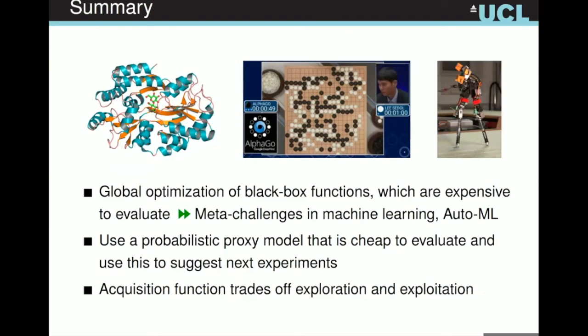We looked at the acquisition functions in some more detail, which tells us where to evaluate next. And one of the key jobs that the acquisition function has to do is trade off exploration and exploitation to ensure that we do not end up in a local optimum.